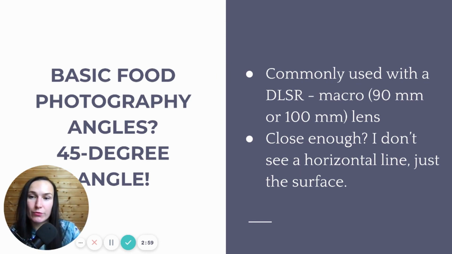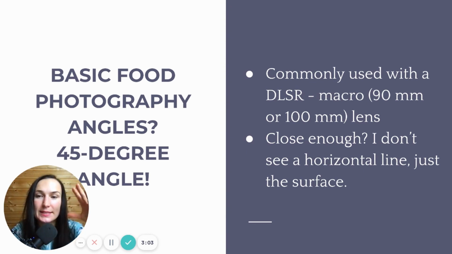You have some options for phone as well, but in general the problem is that the lens might start acting a little bit weird, and quite often it's going to change the shape of food, just because of the lens. That's why the 45-degree angle is most commonly used with DSLR cameras, especially when you have a macro lens, and then you can go closer. The food is not going to change its shape.